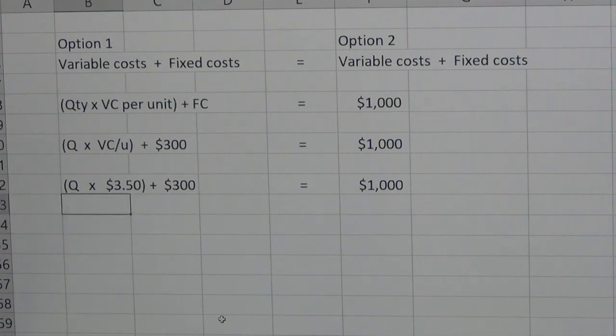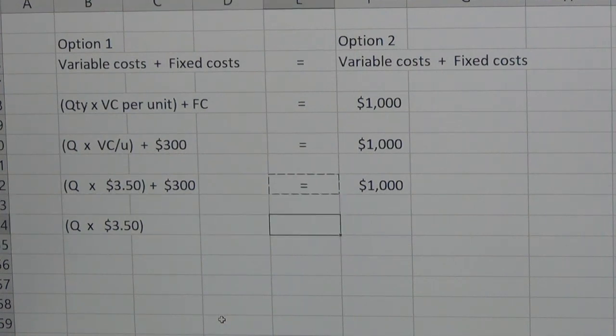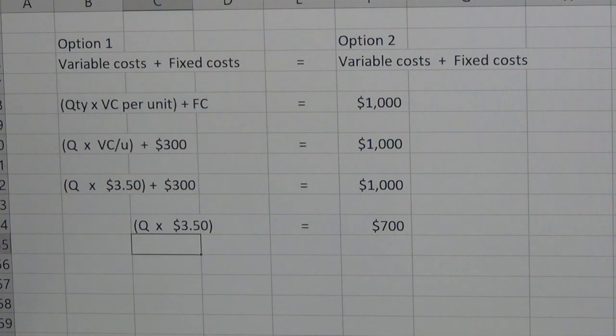Okay, so what are we going to do? We can isolate the Q. So we have Q times $3.50, and we'll subtract $300 from both sides. So that's going to be 0 on the left, and this is going to be equal to $700. And now to isolate the Q, we'll divide both sides by $3.50.